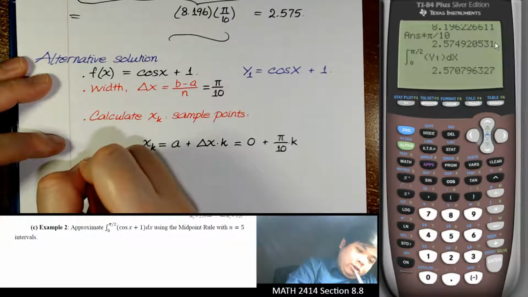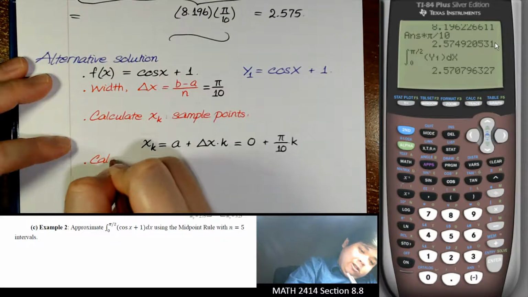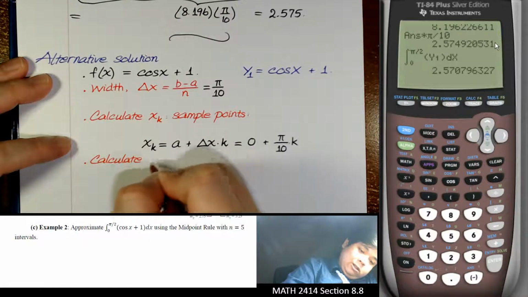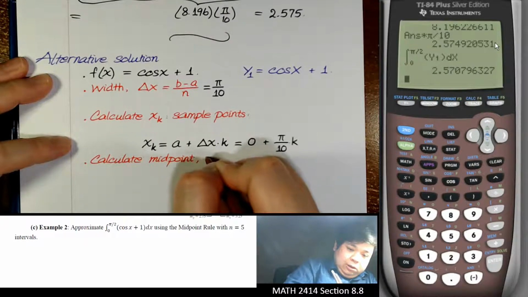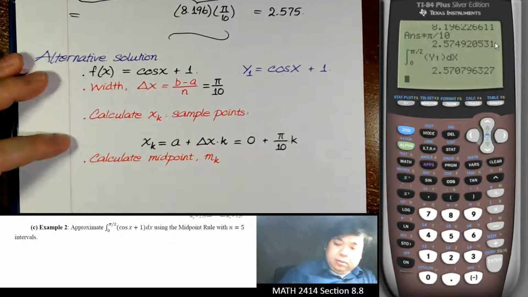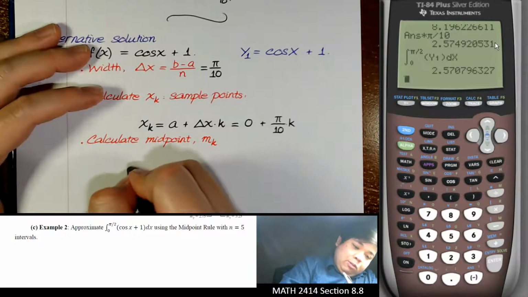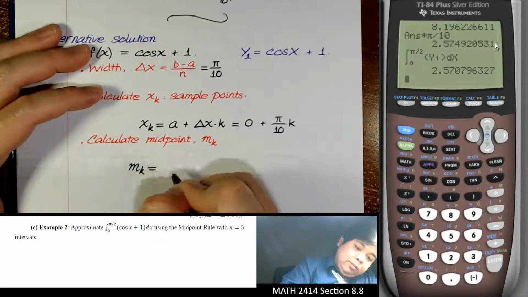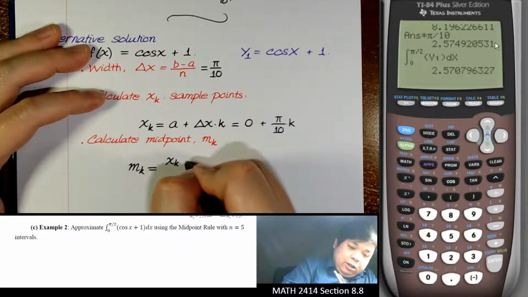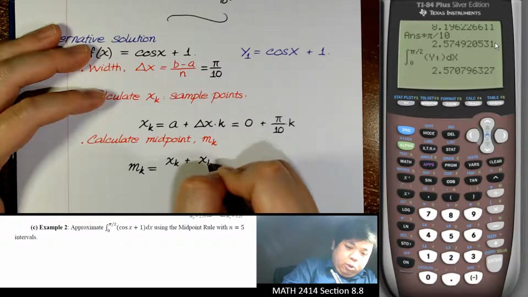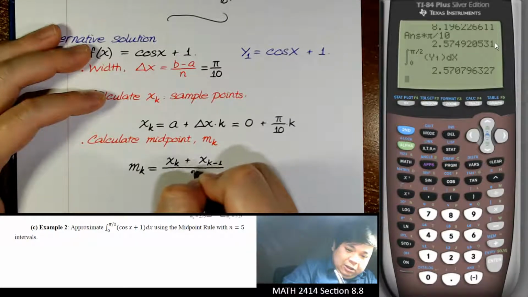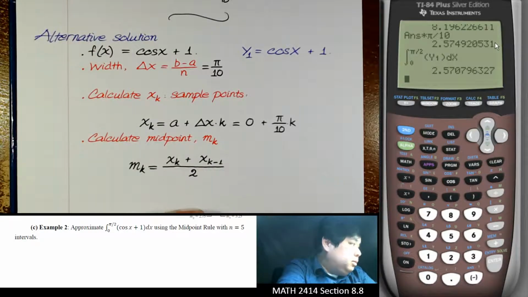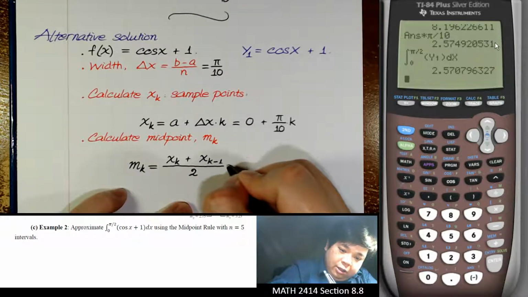Then calculate the midpoint. So midpoint is equal to the average of consecutive points, divided by 2. Right.